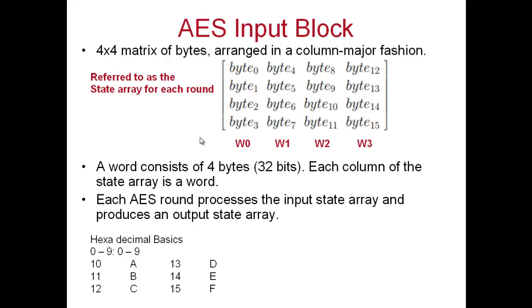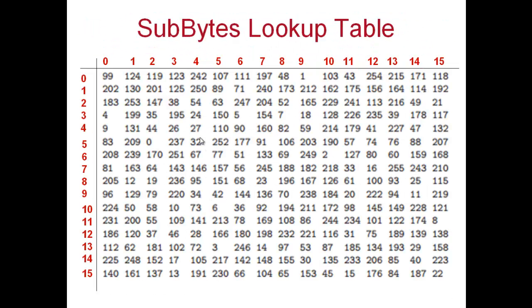To do that for a particular round, we are going to use a lookup table. I have given this in decimal itself, so you could convert this into hexadecimal if needed. That's part of your working of the math, to convert from decimal to hexadecimal.